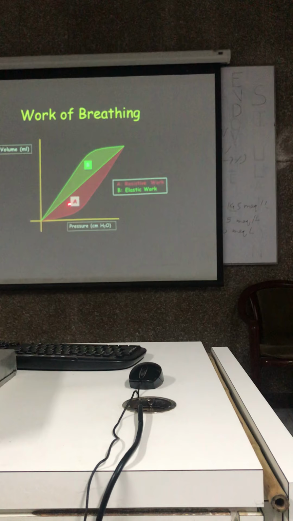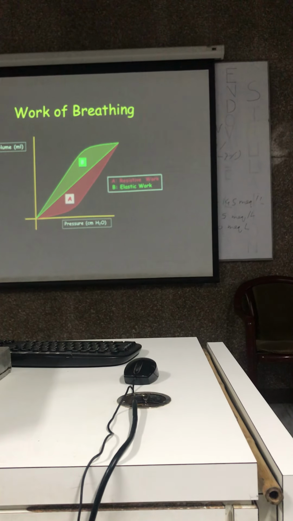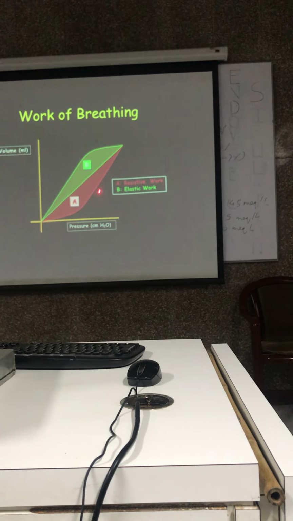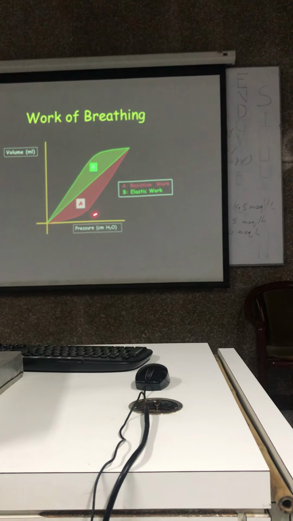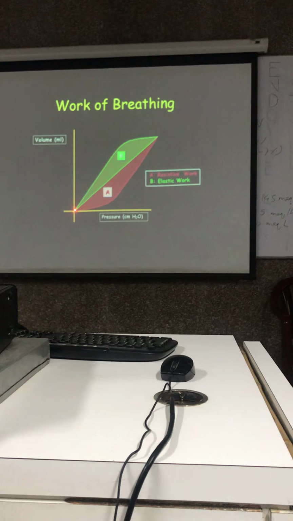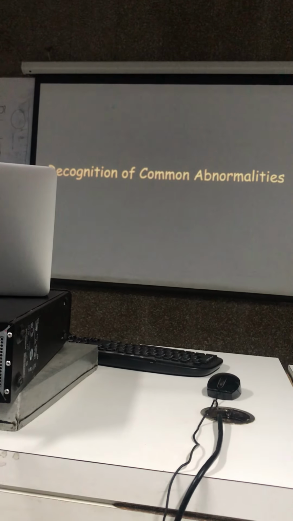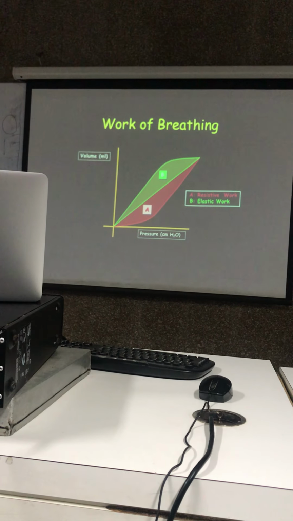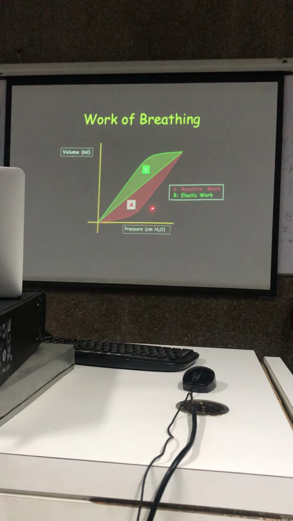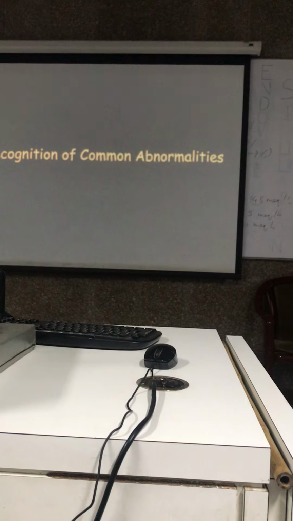This tells you that based on the resistive work, that means if there is a lot of resistance, your pattern will change here. This will become more round, and I'll show you in a later slide how this changes. And based on your elasticity, you would look at how this curve would look. Okay? And based on that, you can actually look at the work of breathing in these patients by looking at the curves of both the inspiratory and expiratory components.